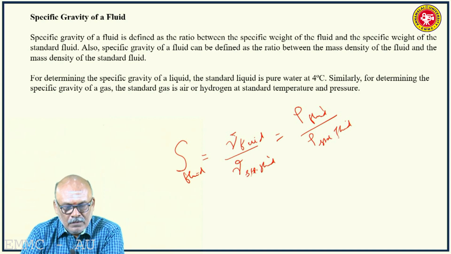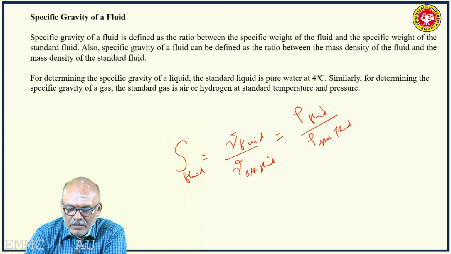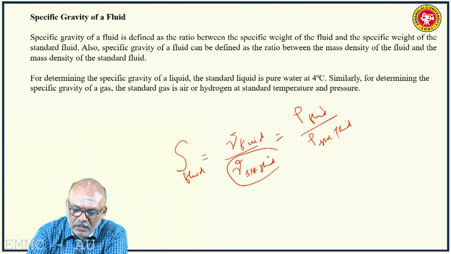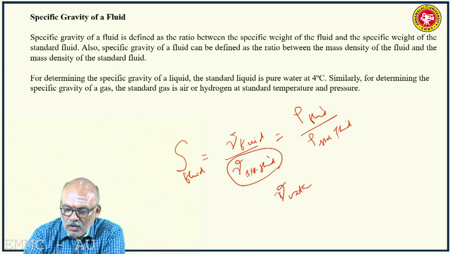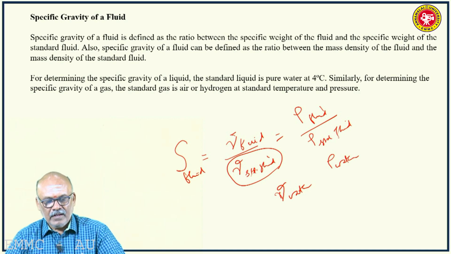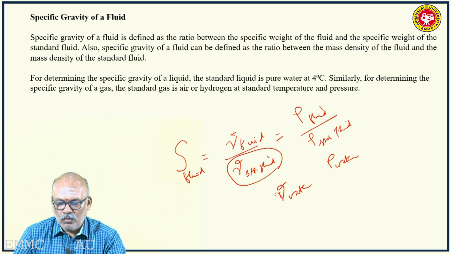So when you want to determine the specific gravity of a liquid, the standard liquid we use is water. So it is specific weight of water or mass density of water. Specific gravity of a fluid is nothing but a ratio of two similar quantities.